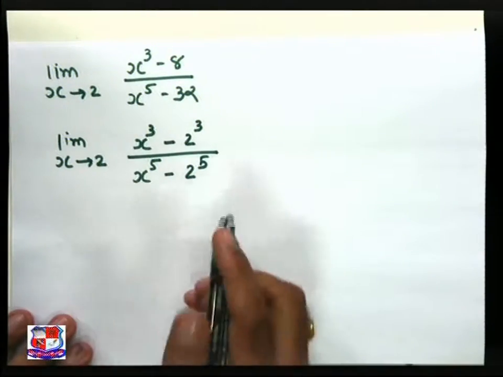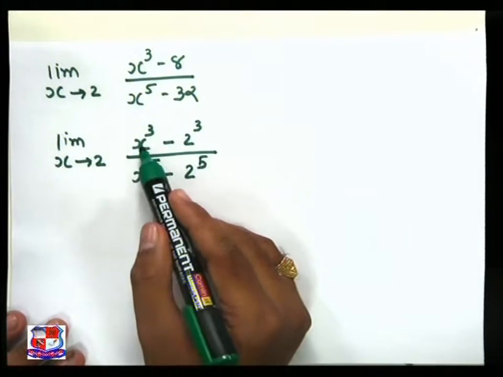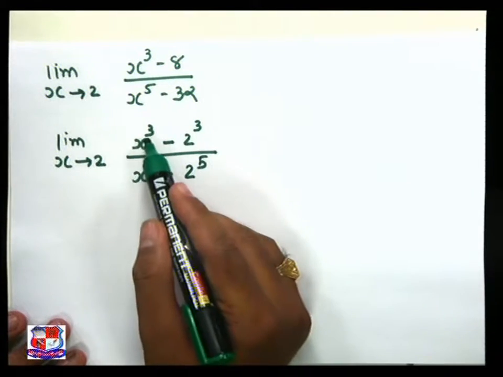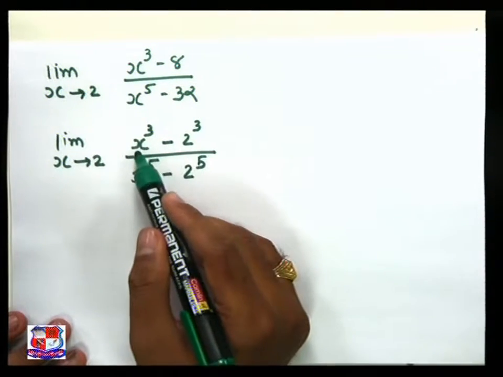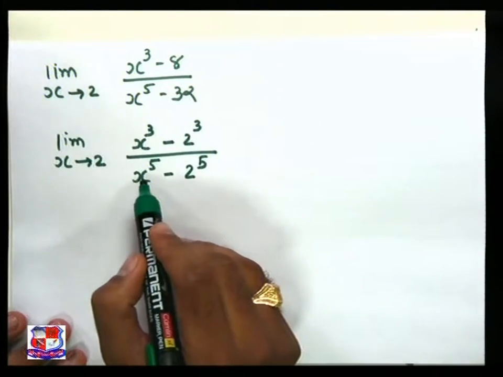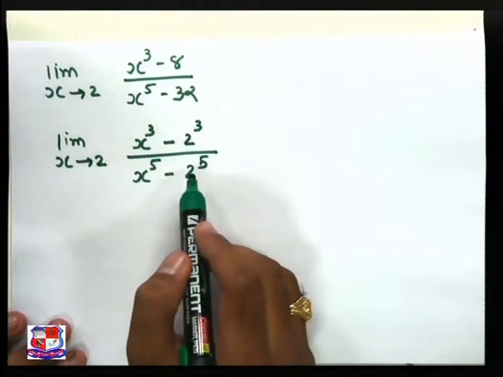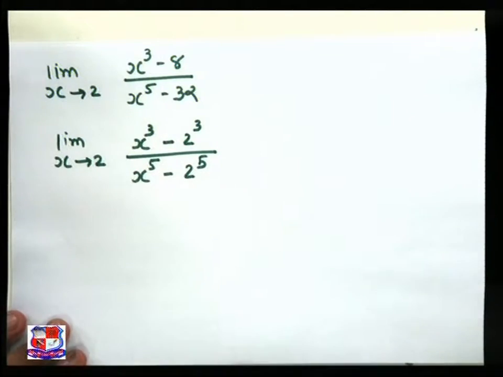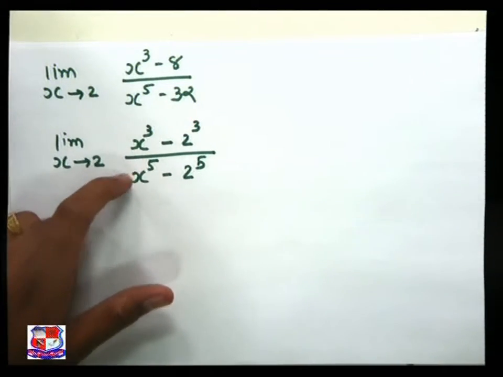Now we move to our next step, that is divide and multiply with the without-power term, that is x minus 2, and check, this is x minus 2, so both are the same. So ultimately we can divide and multiply with the without-power term.